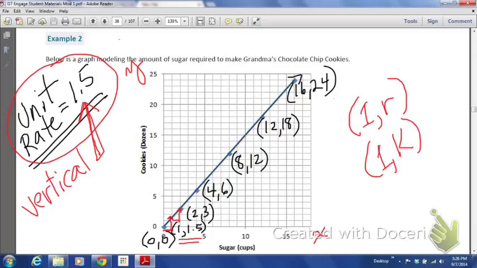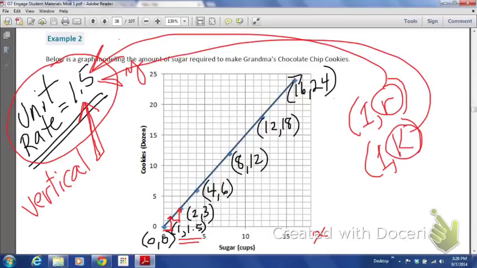So this rate is right here. K is the same, that unit rate, or that constant of proportionality. So if any graph is going to be proportionally drawn, it'll have to include a point where x is 1 and the y value is the unit rate.